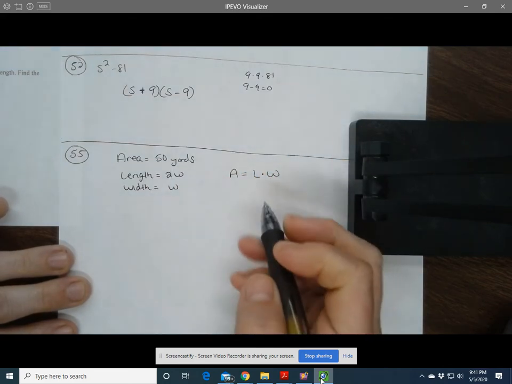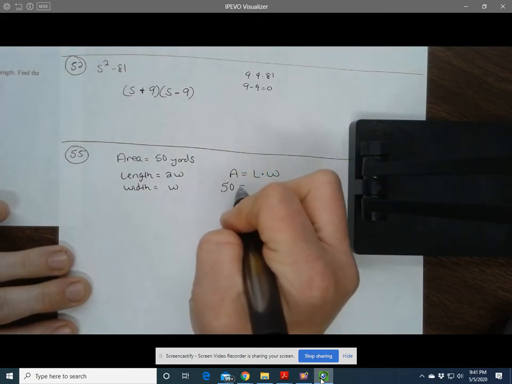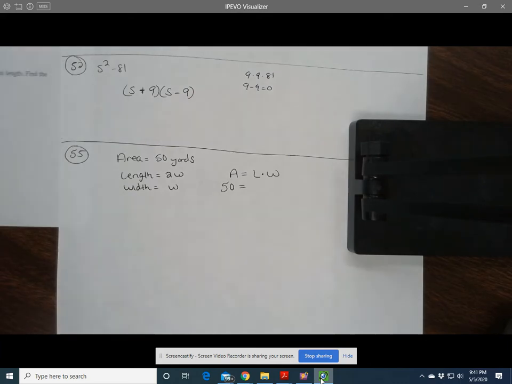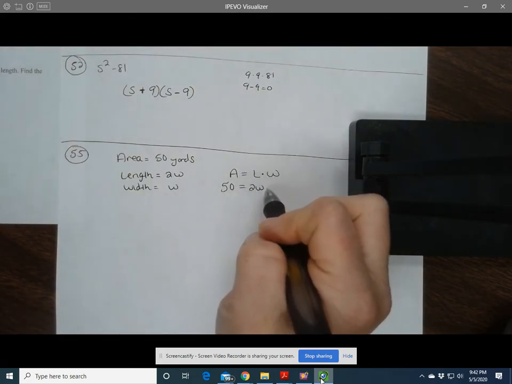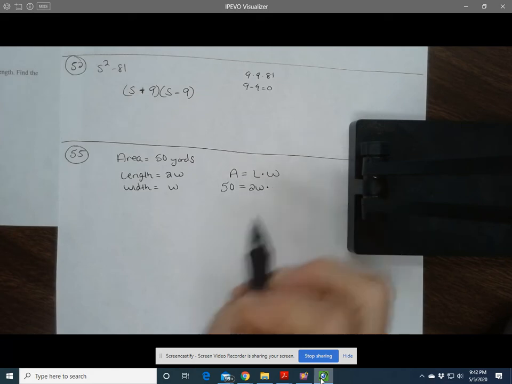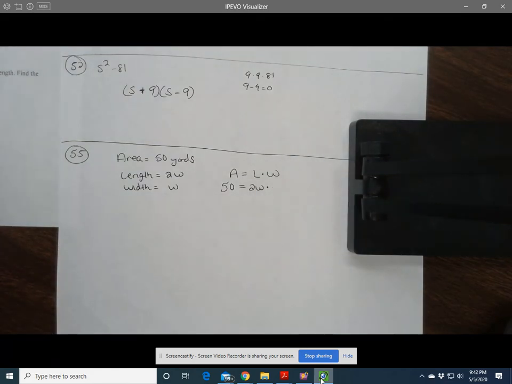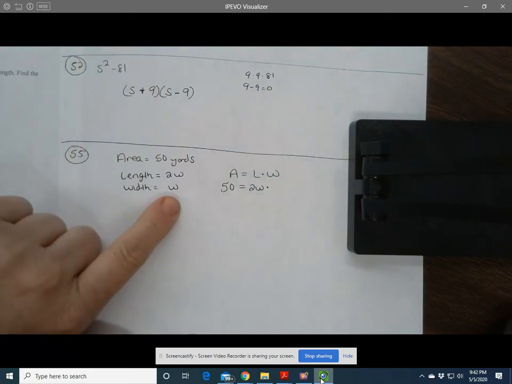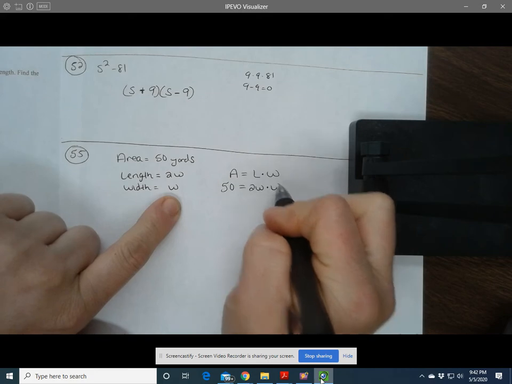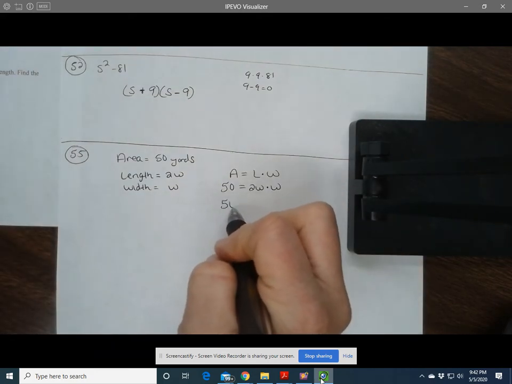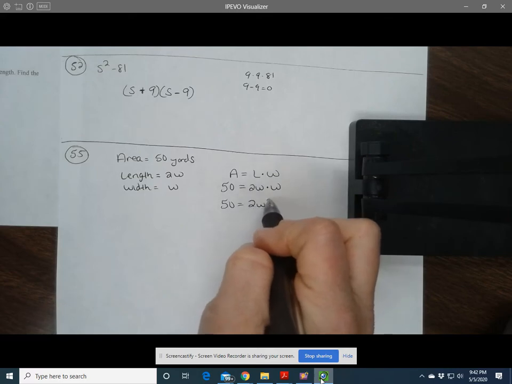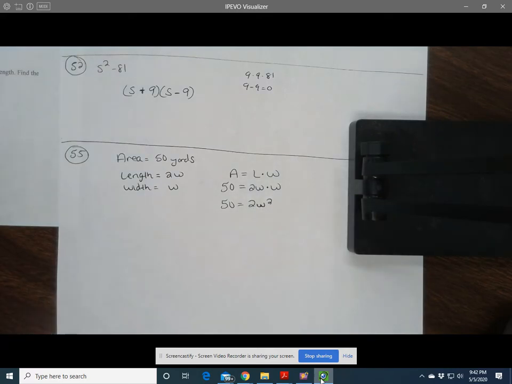Well, the area, they tell us, is 50. And then they've said that the length is 2 times the width. So that's 2 times the width, and the width is going to be W. So that means that 50 is equal to 2W squared.